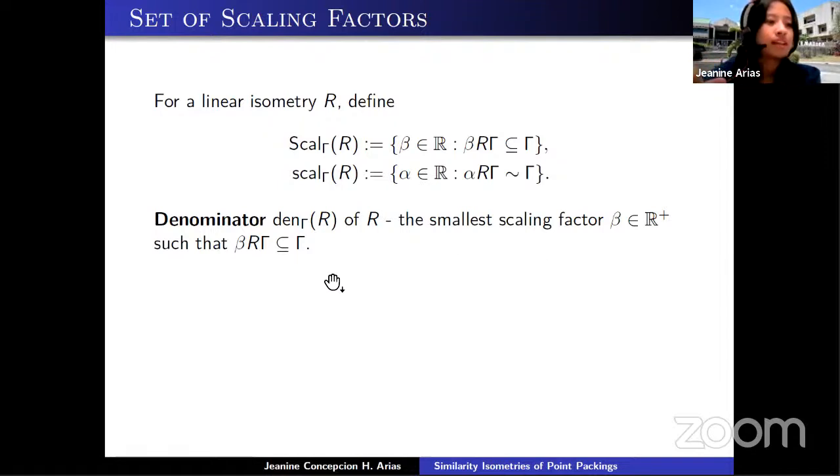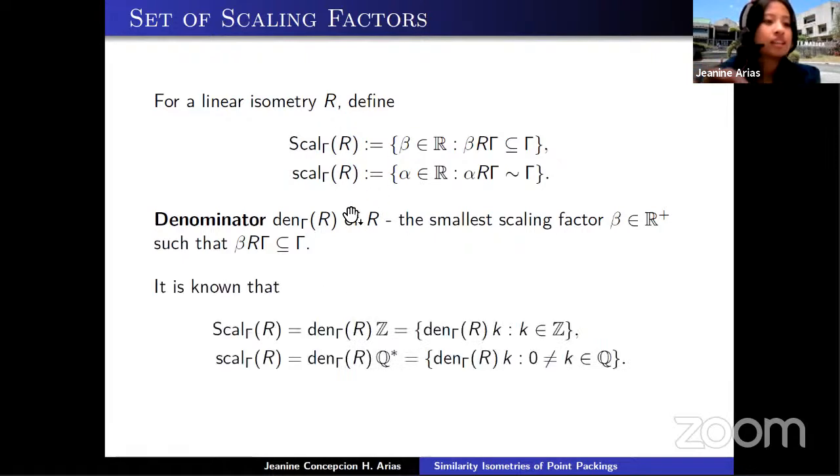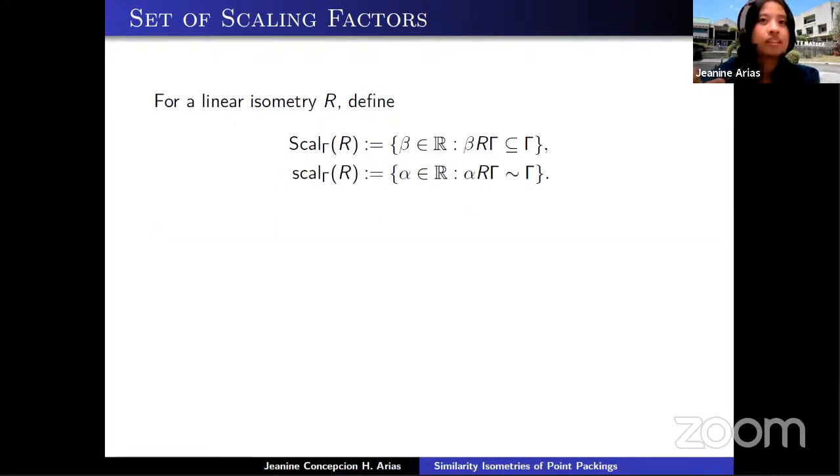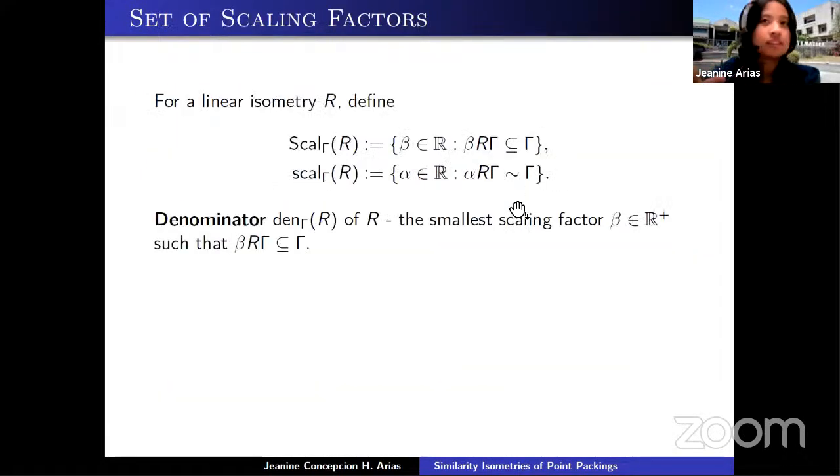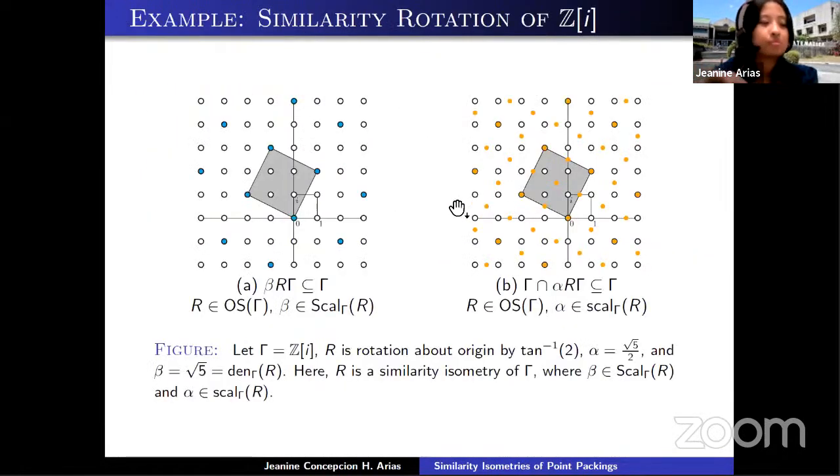So it is known that elements of big skull and small skull are just integral or rational multiples of the denominator of R. So let us illustrate the distinction between the two definitions of big skull and small skull using the following example.